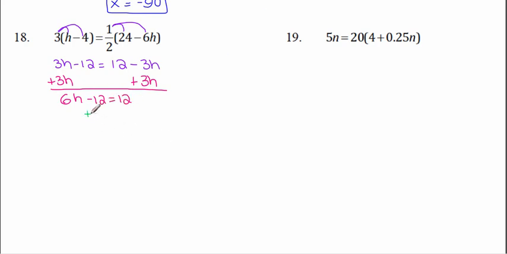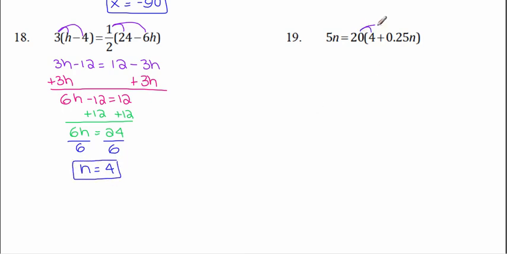Now I'm going to move my 12 over by adding 12 to both sides, giving me 6h is equal to 24. I need to get h all by itself, so I have to get rid of the 6. And I have to get rid of the 6 by dividing. So h equals 4.